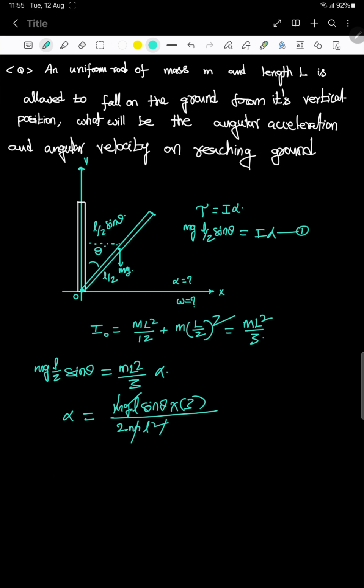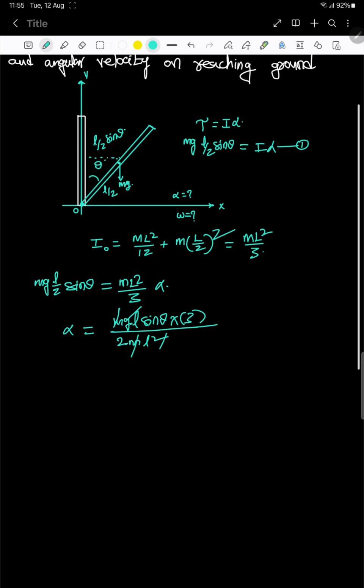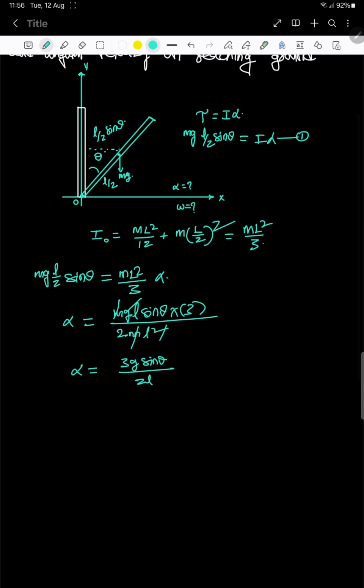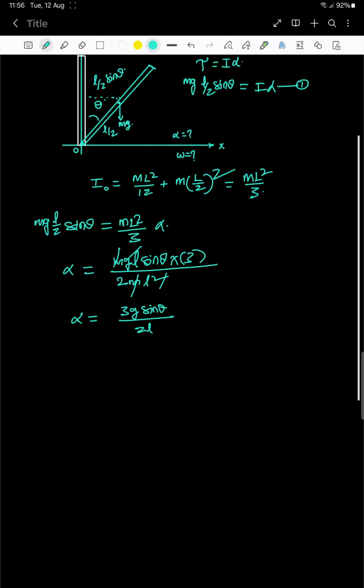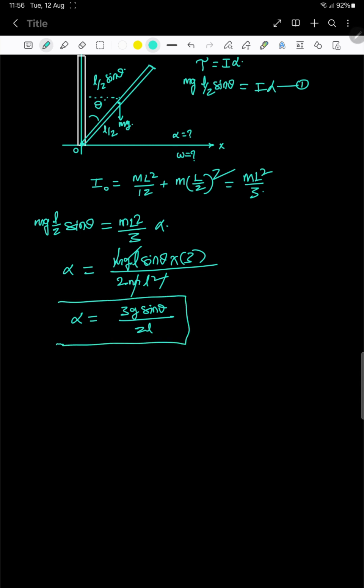So the angular acceleration alpha is equal to 3g sine theta upon 2L. So this is the general form of angular acceleration.